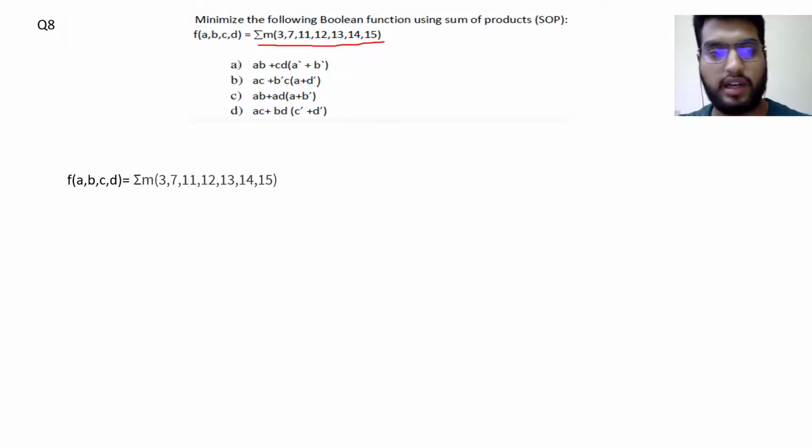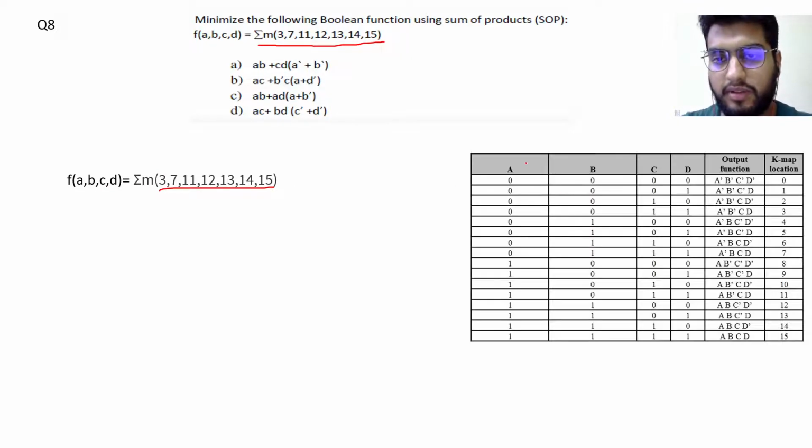So we first write the expression f of a, b, c, d equal to whatever is given. For your reference, I have given this table here, but in exams or anywhere you have to go, try to create this table yourselves. For reference part, I have kept it here. So my 3 will be this, then I have this 7, 11, 12, 13, 14 and 15.